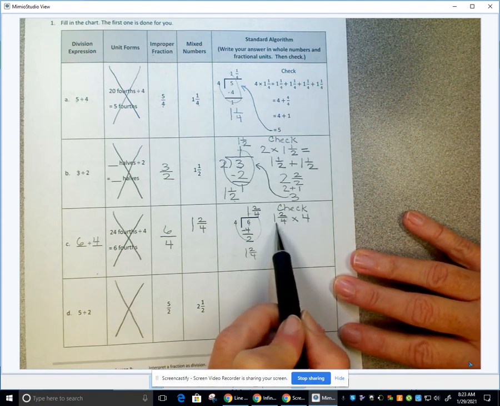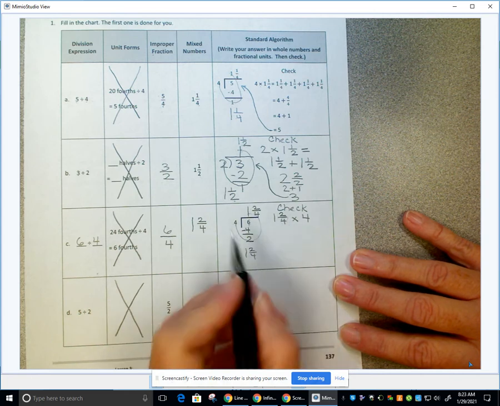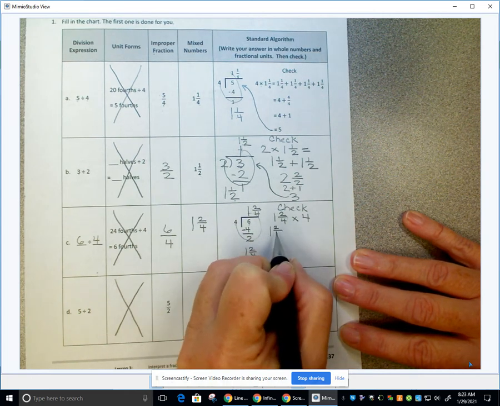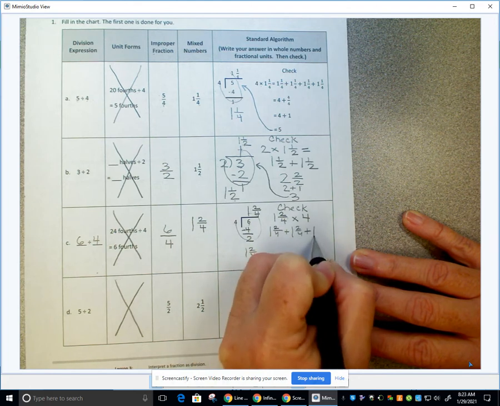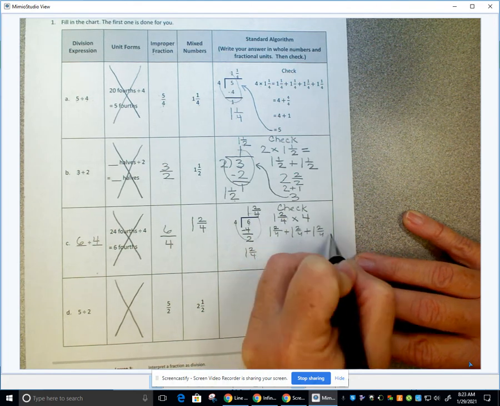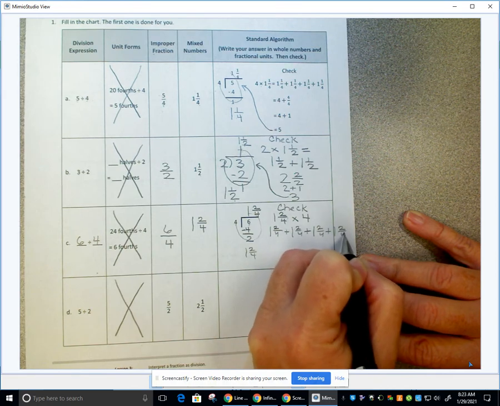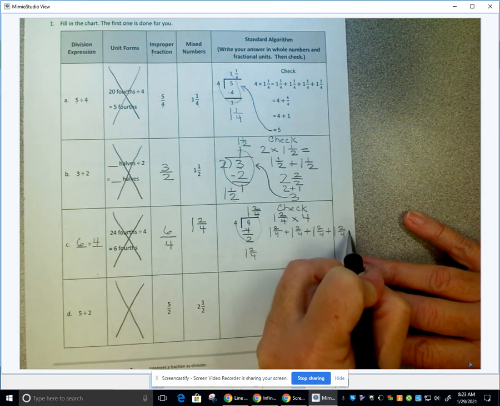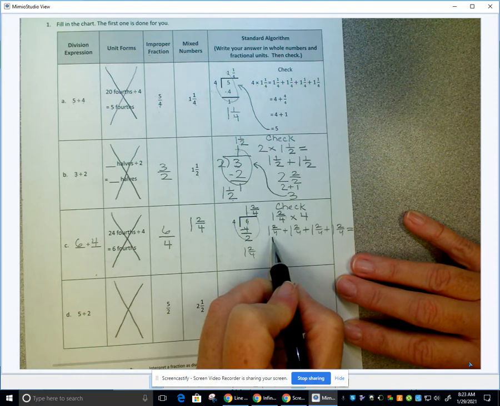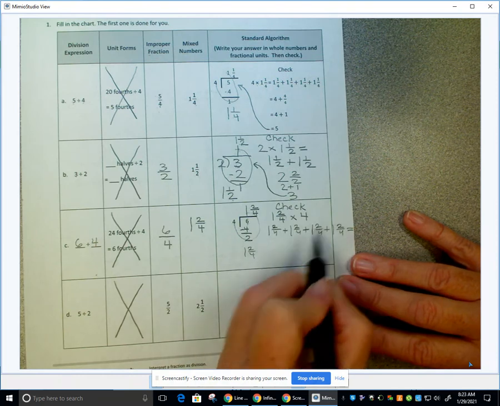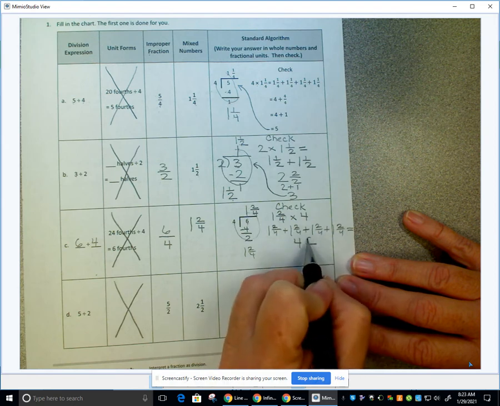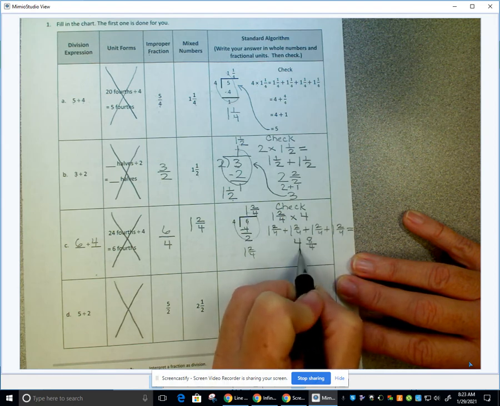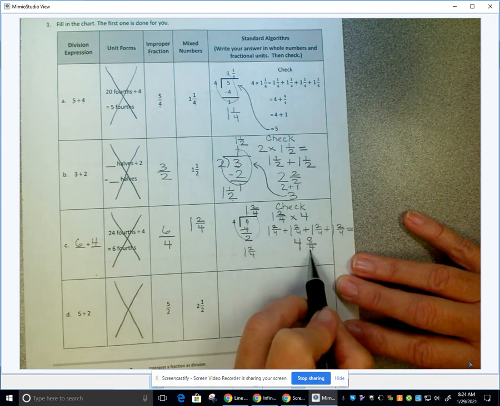I'll take this number and add it 4 times. 1 2/4 plus 1 2/4 plus 1 2/4 plus 1 2/4 equals, add my whole numbers, 1 plus 1 plus 1 plus 1, that's 4, and 2, 4, 6, 8/4. See, this is improper, 4 8/4.